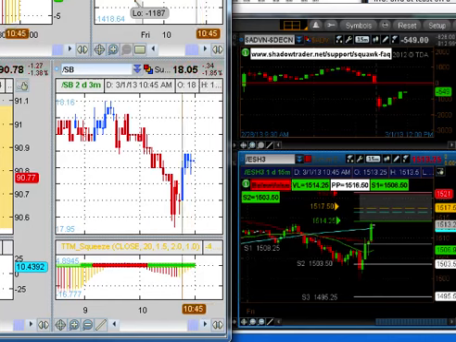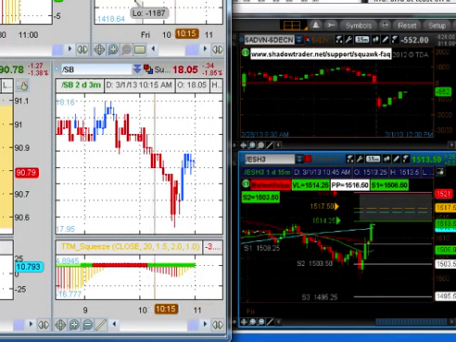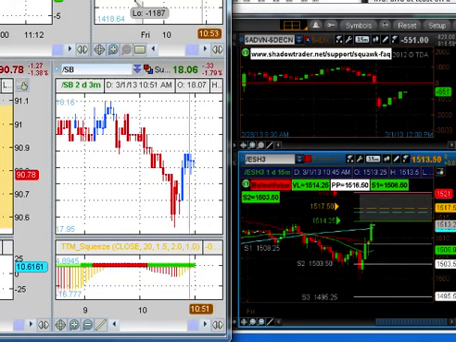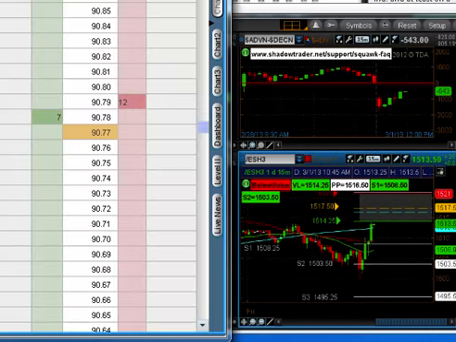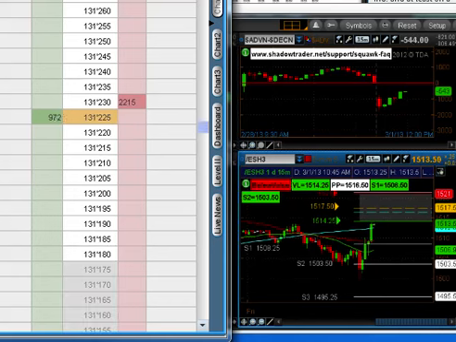So basically, all I use the overnight market for is to understand the high and the low of the overnight market, and I compare that to the previous day's settle. That tells me if the overnight inventory is long or short. So I want to know the overnight high or low, that's the reference. I want to know if the overnight inventory is long or short.